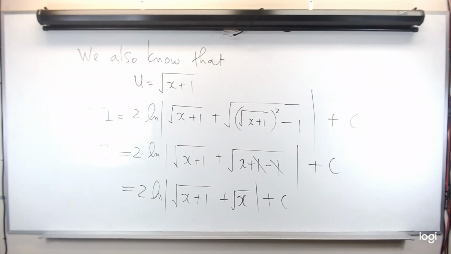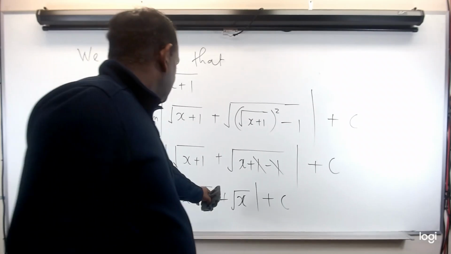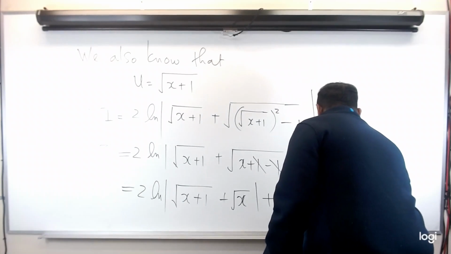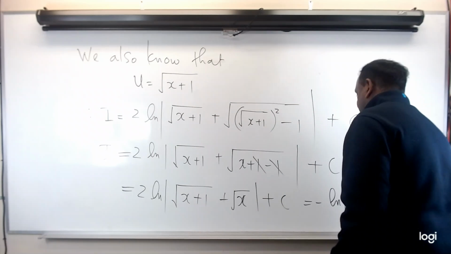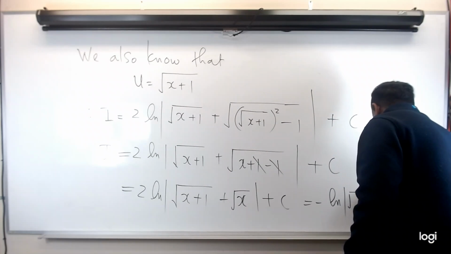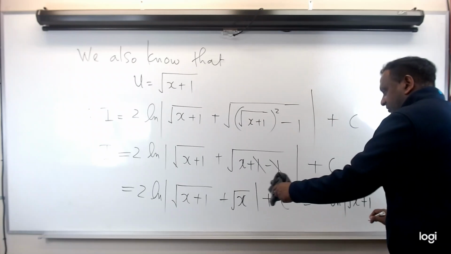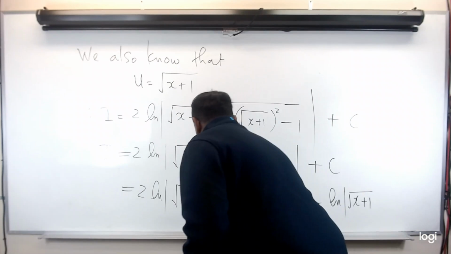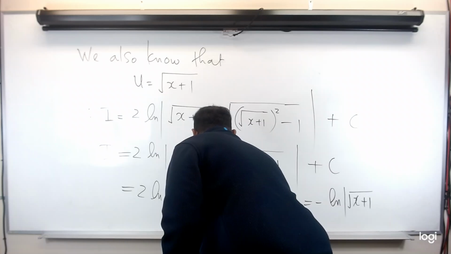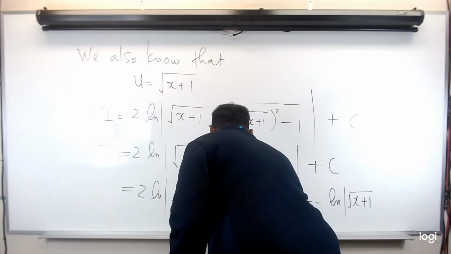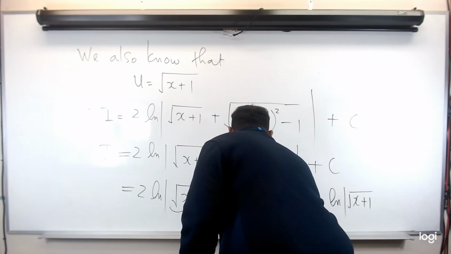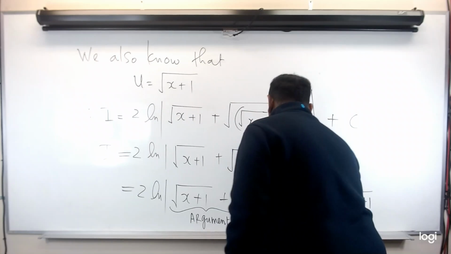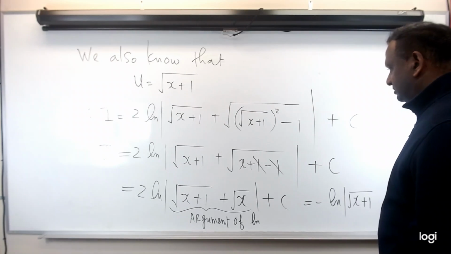If you want to pull out the negative, look at another way of writing this. Negative ln, if that's the case, I'm going to use the conjugate of the argument. This is called the argument of the natural log, this ln.